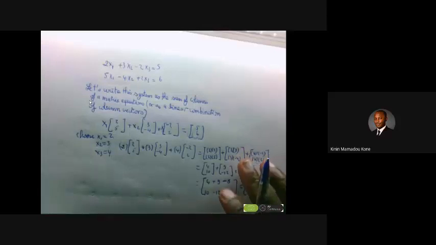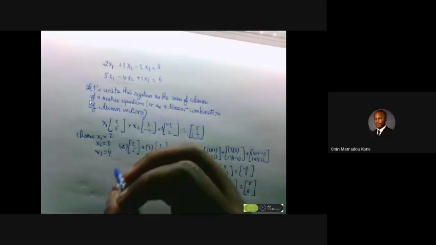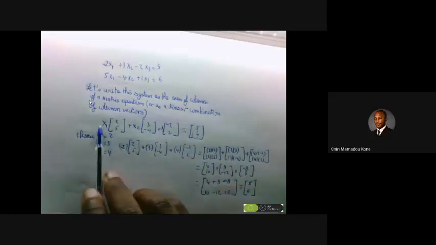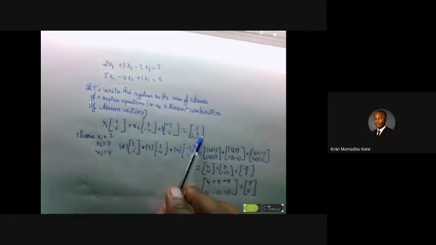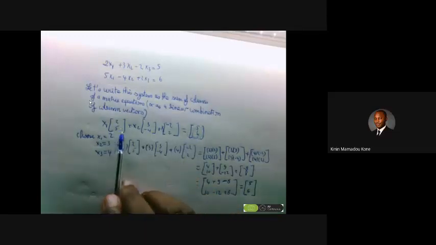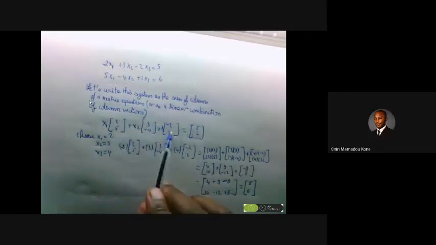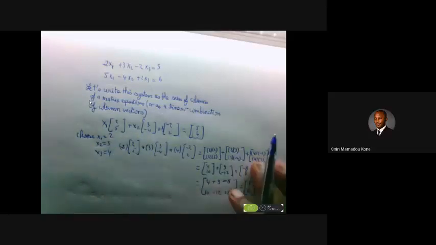So we can see from this that (5, 6) is actually a linear combination of the 3 column vectors of the coefficient matrix. So (5, 6) is a linear combination of the column vectors of the original matrix, the coefficient matrix, and it follows that this system is consistent, and 2, 3, 4 is a solution to the system.